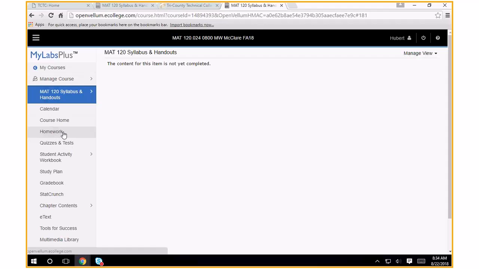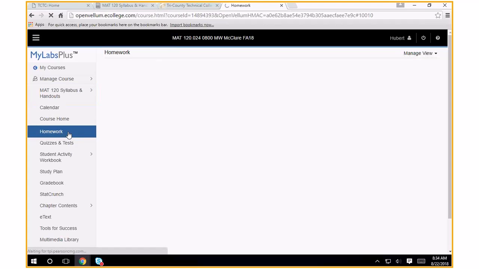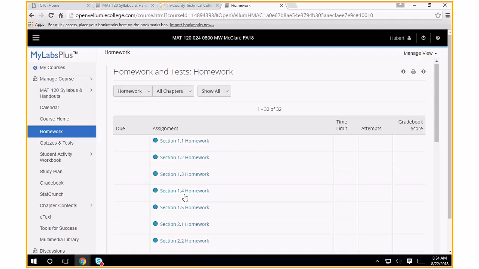Now, I'm no rocket scientist, but what do you think is in homework? You'd be surprised how many people cannot find their assignments. Yeah, cannot find homework. You go to homework. I'm going to save homework for last, and there's your homework. But we're going to save that for last because I want to go over that last.